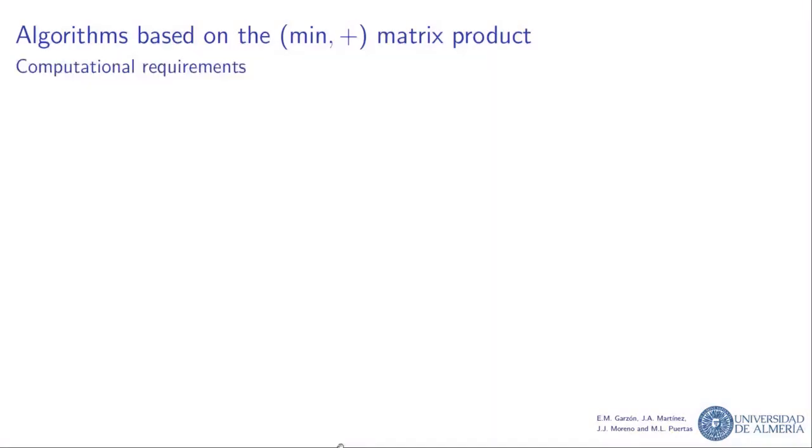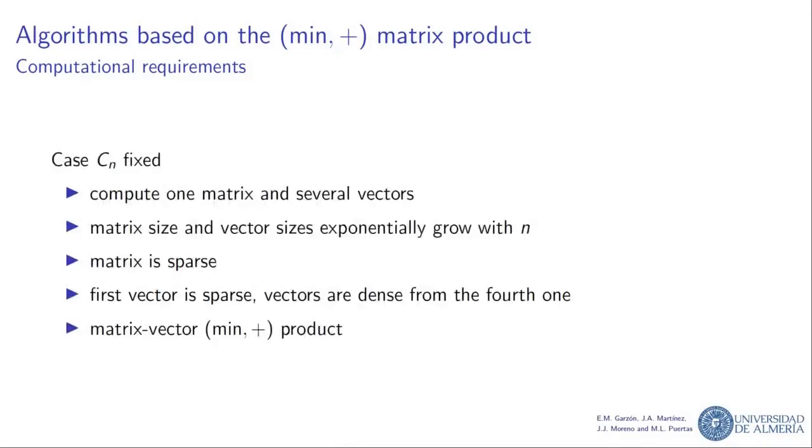And now let's talk about the computational requirements of our algorithms. In the case that the cycle is fixed, we have to compute one matrix and several vectors. Both the matrix size and vector sizes grow exponentially with n, and this is the reason why we have to consider just small cases of the size of the cycle n.